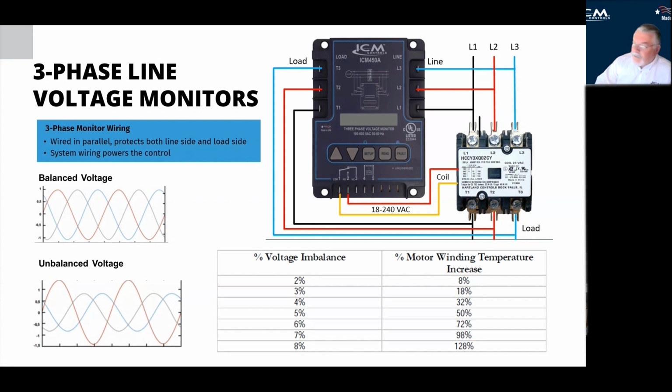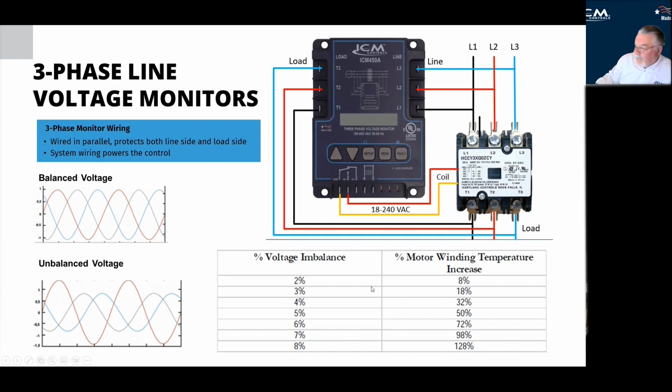Another condition that can be very devastating is unbalanced voltage. And this little chart here shows you. So this is a normal voltage, all three legs. This is an unbalanced condition. What can happen is even with a 2% voltage imbalance, it can increase the motor winding temperature by 8%.